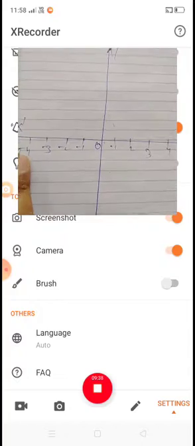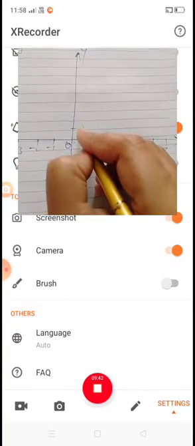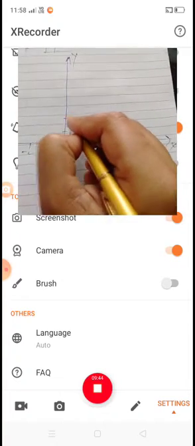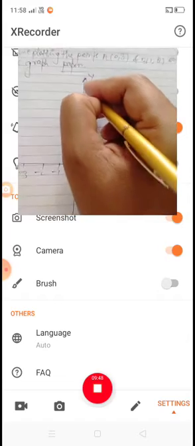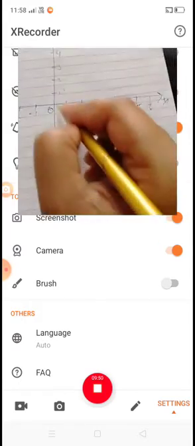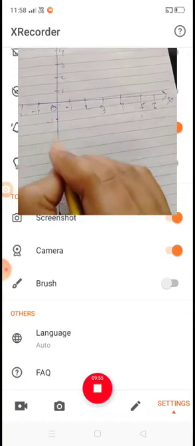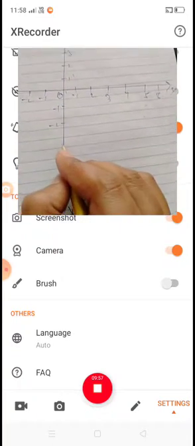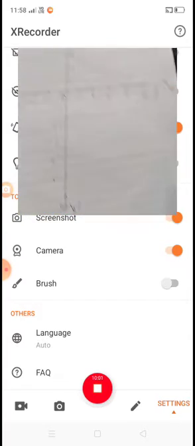This is the negative direction of x. This is the positive direction of y, +1 to +6, and this is the negative direction of y, -1 to -5 and so on.